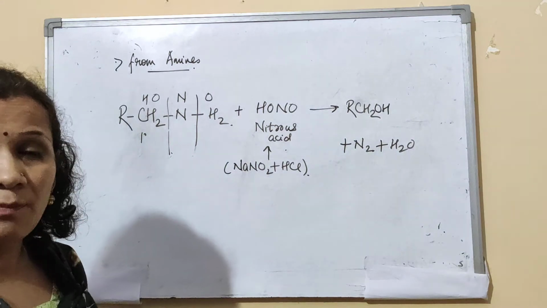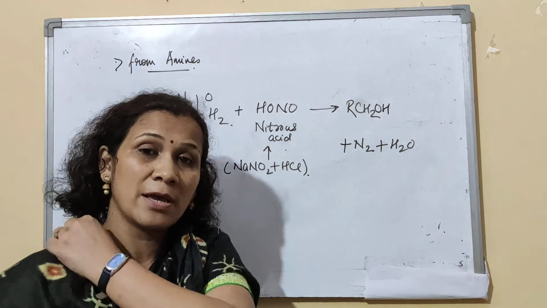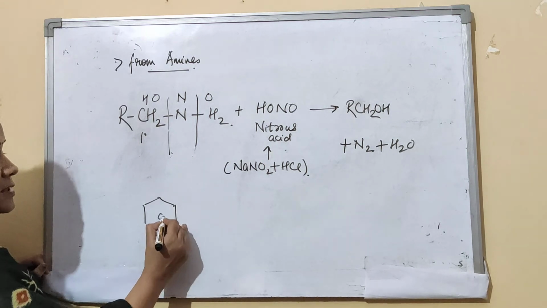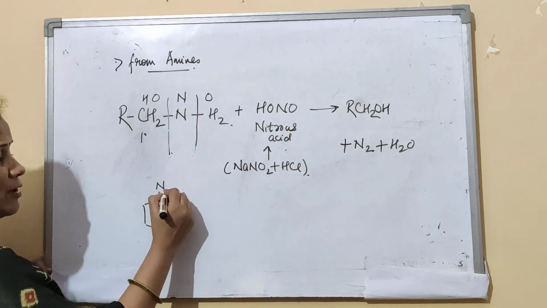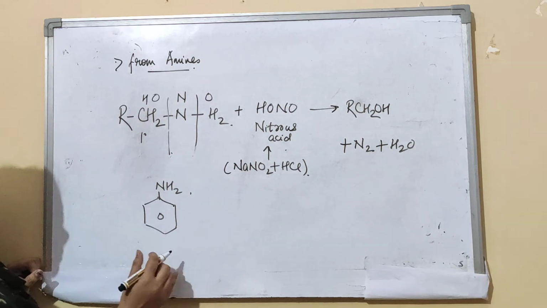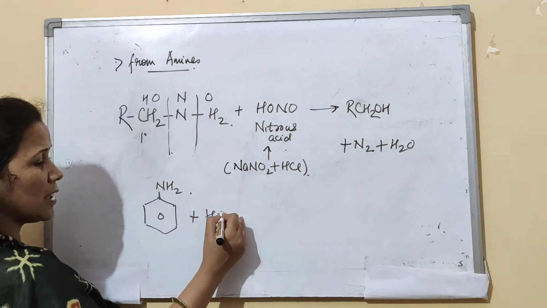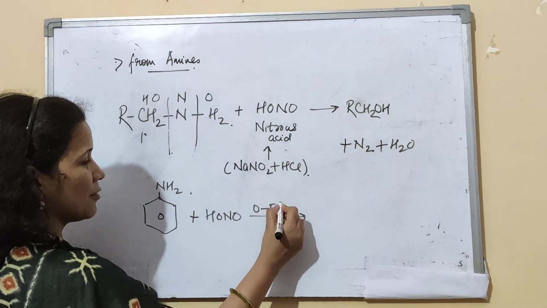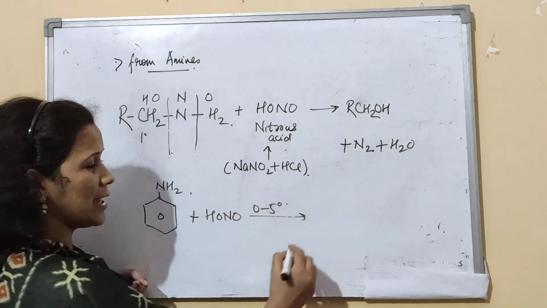Now something very important, and which is the difference. If you have an aromatic amine, this is a primary amine, and you treat it with HONO at 0 to 5 degrees, you get diazonium salt.